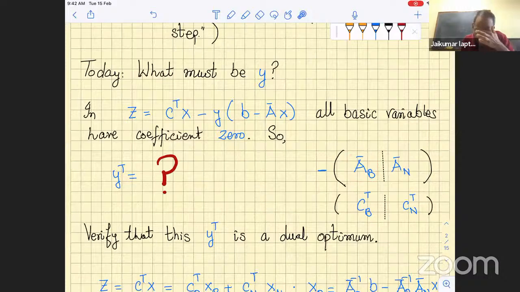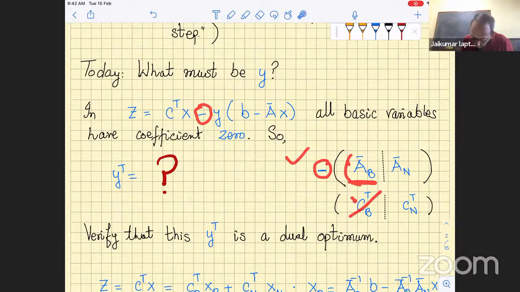Now we know that this is an invertible matrix. So there must be a unique y that you can multiply this matrix by on the right to produce this number. There is a negative sign already here, so we don't need to worry about it. What must be the value y that you must multiply this by in order to cancel this?